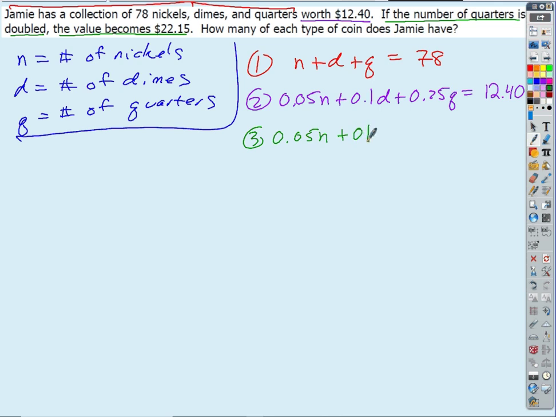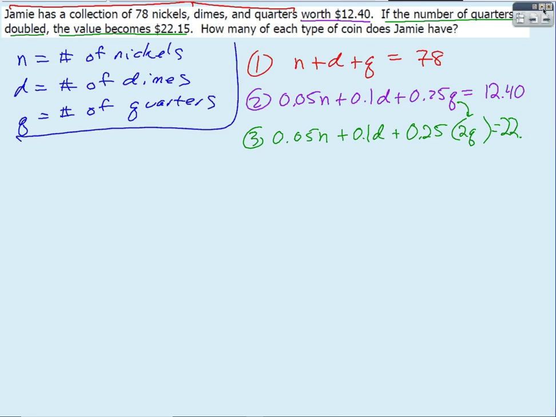We have the same number of dimes, but we're going to multiply 0.25 times 2Q, right? If we double the number of quarters from Q to 2Q, it changes the value of the collection to 22.15, right?